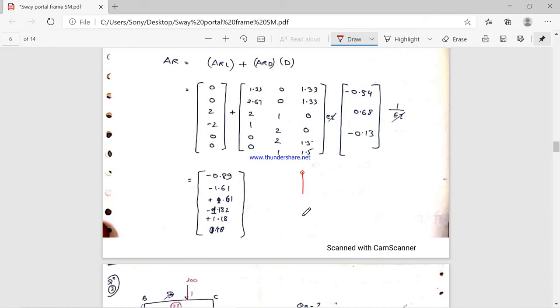So if you plot the diagram like this, the first value is AB, and it is anti-clockwise, so the diagram will be like this.